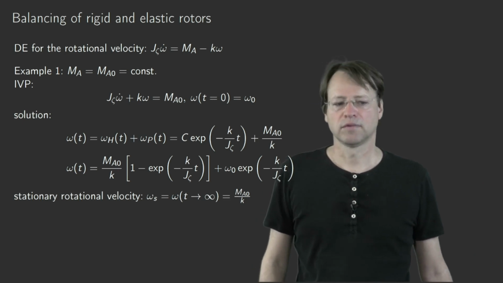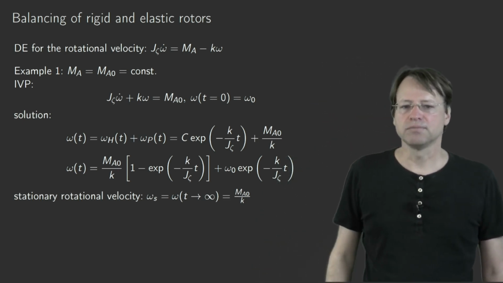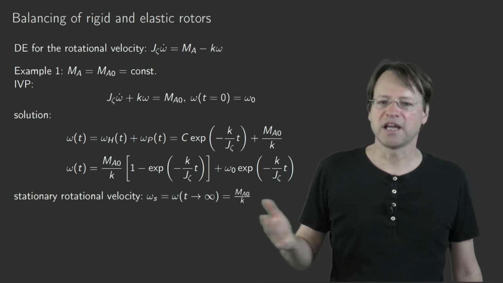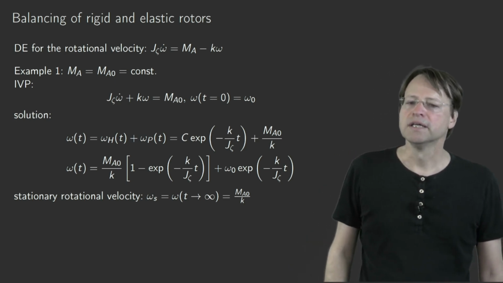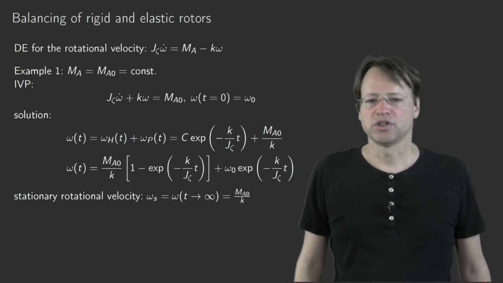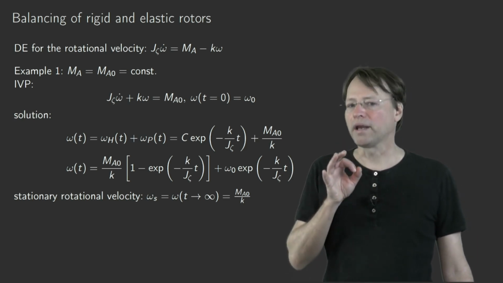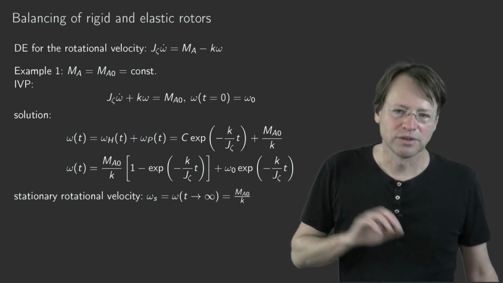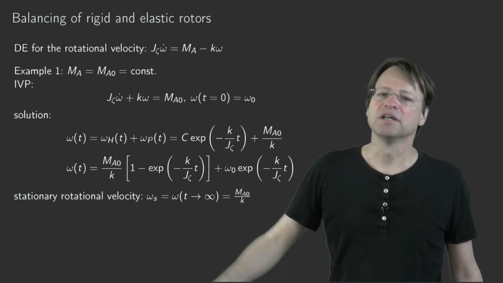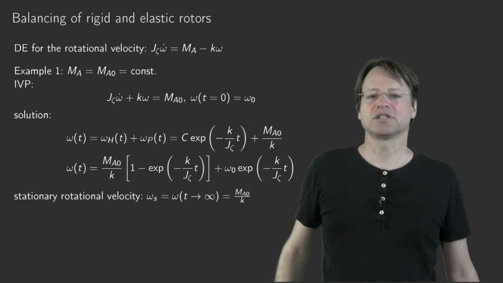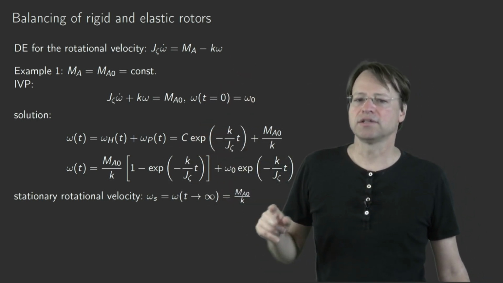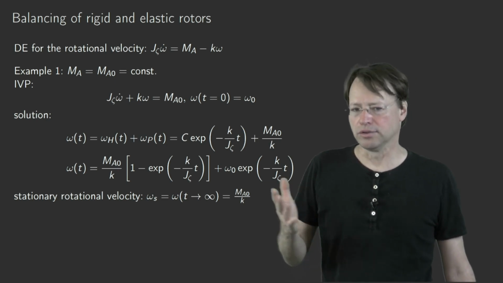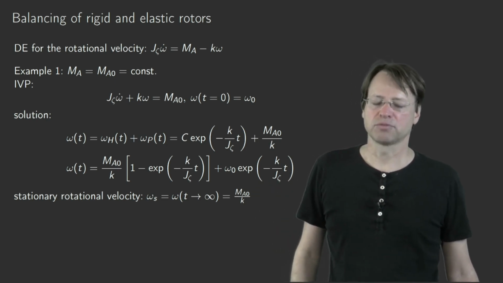Everything seems to be nice, and it seems to be the case that we always obtain such a stationary rotational velocity. Well, except for one particular case, which is of course also an academic case, I have to admit. The case that there is no resistance here. When k is equal to 0, then you see that this result wouldn't make much sense.